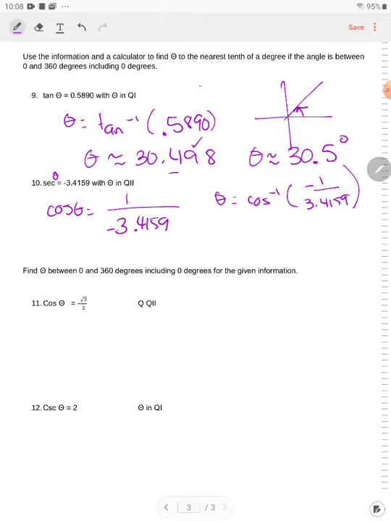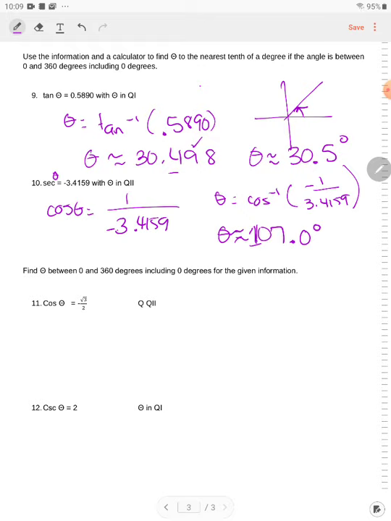So cosine inverse, negative 1 divided by 3.4159. And we get 107.02, so approximately 107.0 degrees. And that's in quadrant 2.